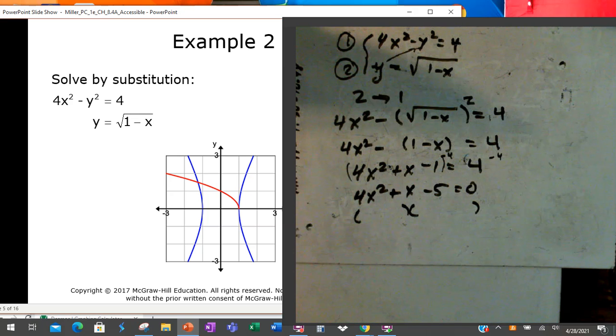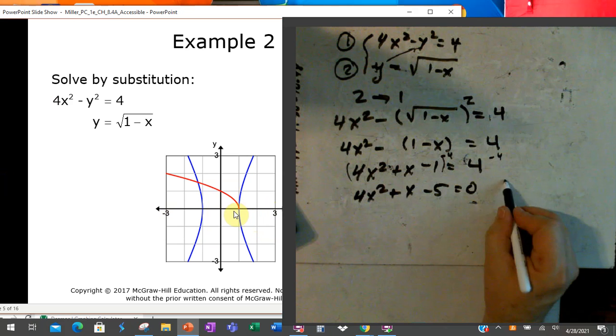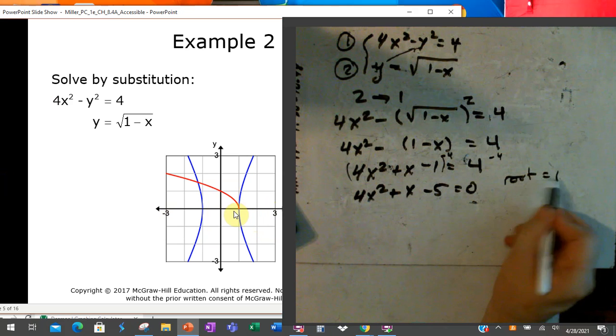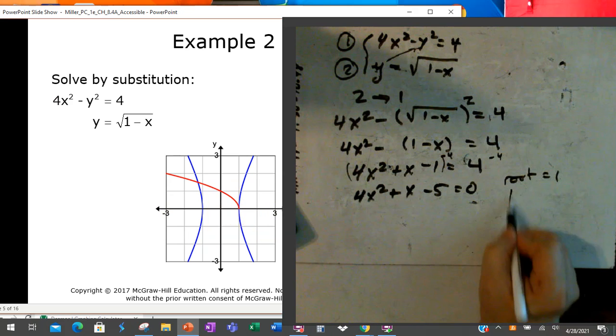Since I've got this, I'm going to do this a little different. I know what one solution is. This is 1. Okay, x is equal to 1 matches this. So I know I have a root of 1. So let's do synthetic division.